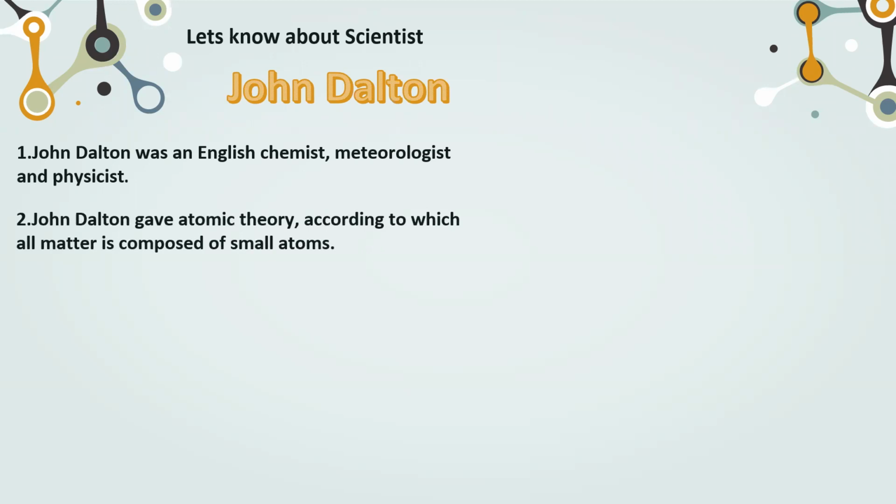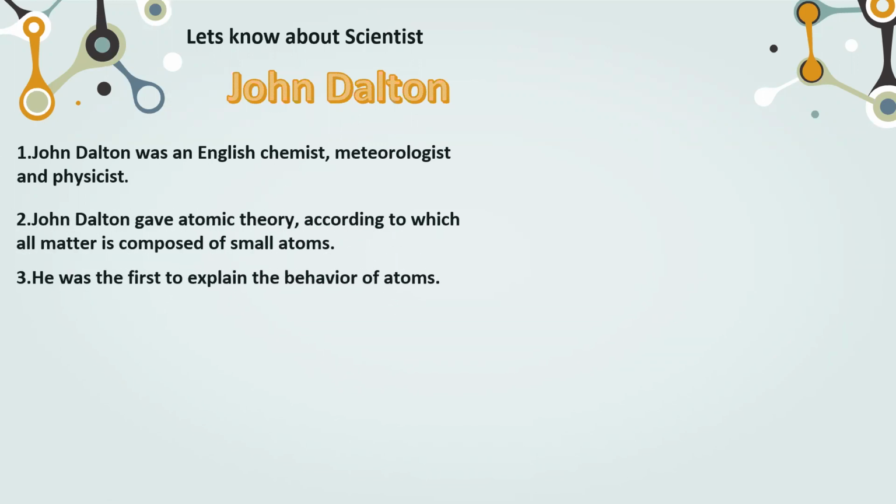John Dalton gave the atomic theory, according to which all matter is composed of small atoms. He was the first who gave an idea about atoms, and he said that matter is composed of smaller particles, which were called atoms.